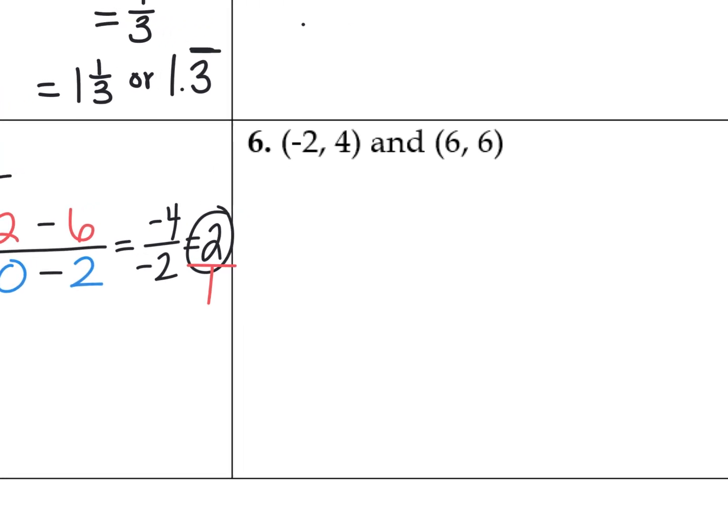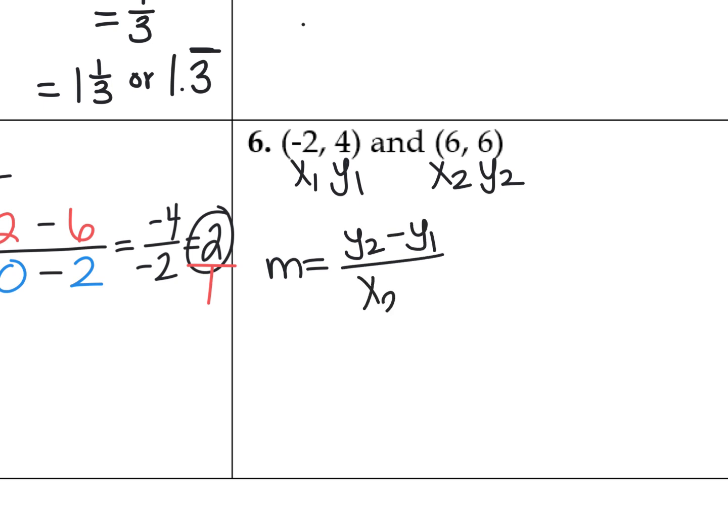And our last example, label them x1, y1, x2, y2. I'm going to write down our formula. m equals m for slope, y2 minus y1 over x2 minus x1. Now they use an m instead of a k because k is really only supposed to be used when things are proportional, because it is the constant of proportionality.